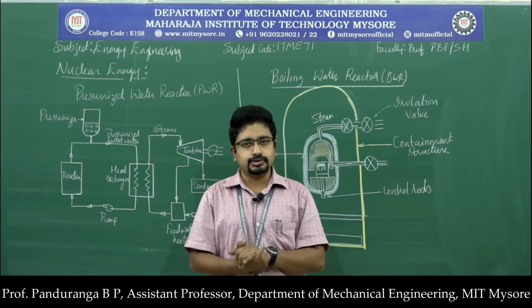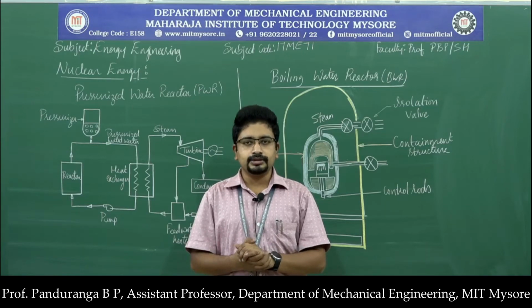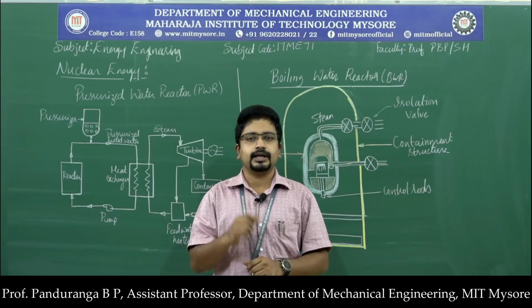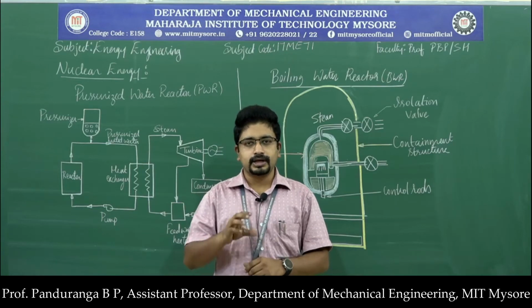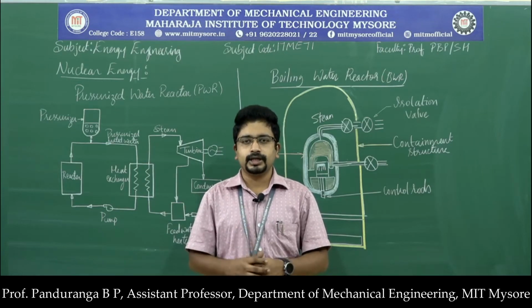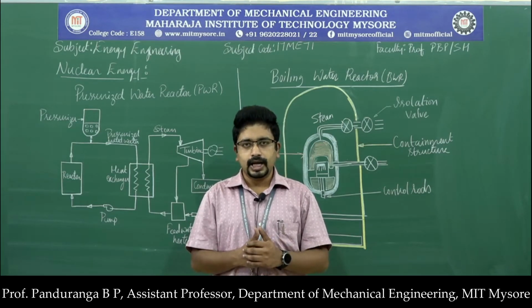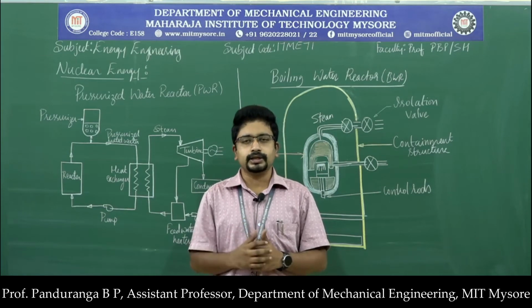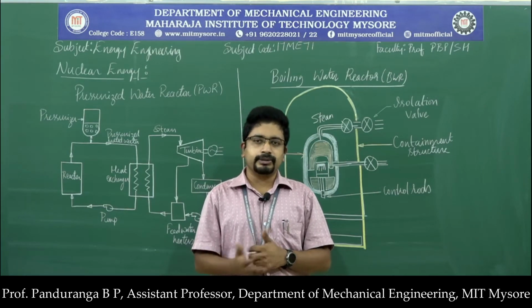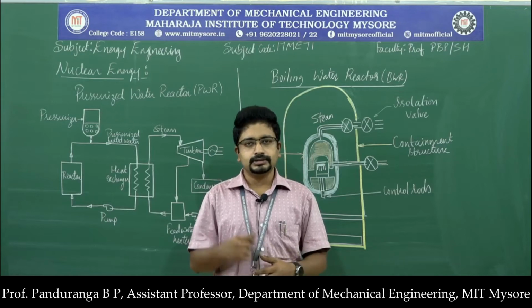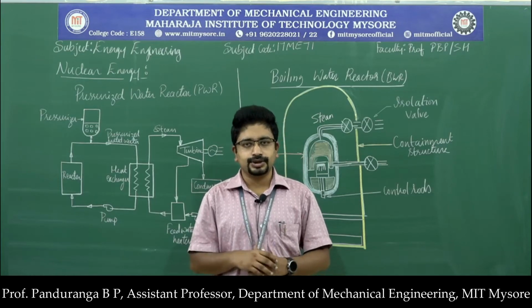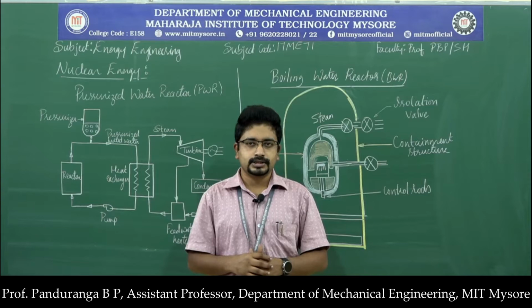Fuel, that is uranium-235, will be formed into small tablet-like structures, and several of them will be stacked one upon the other to form a fuel rod, and a bundle of such fuel rods will be made and inserted into the core. That will be prepared outside, and then inserted into the core on a regular basis.